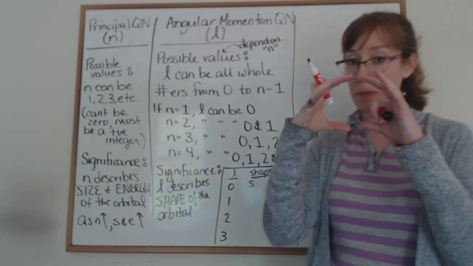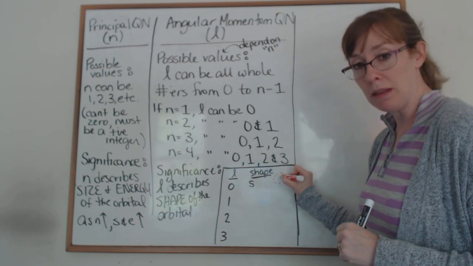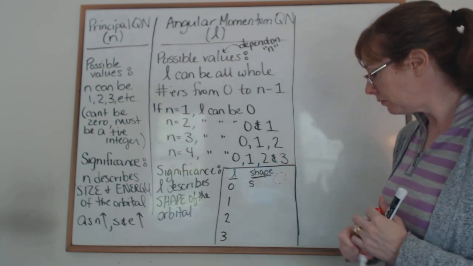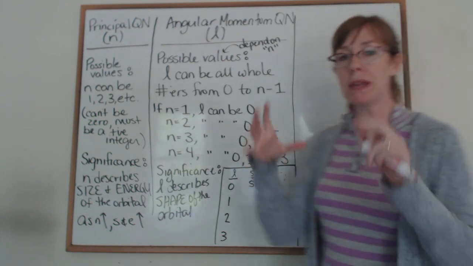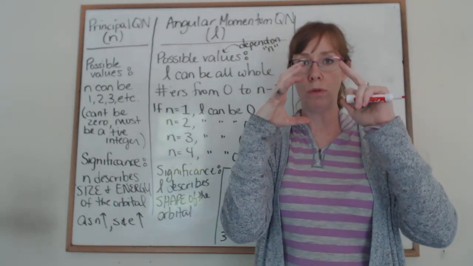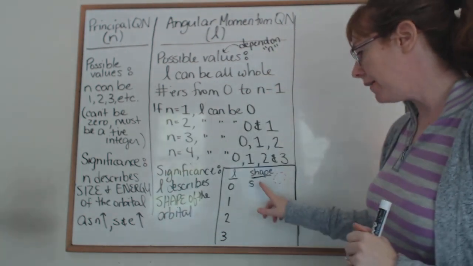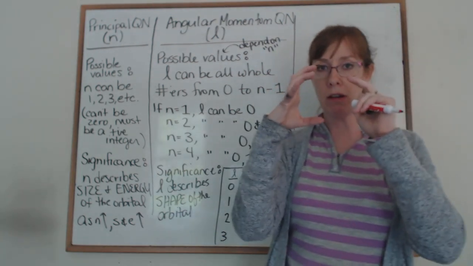It's 3D, not like a circle, it's a sphere. The nucleus would be in the middle, but that's the orbital. It's dotted because I want you to understand it's just a zone, just an area, but it's spherical. So if you have an s orbital, you want to picture it as a sphere.